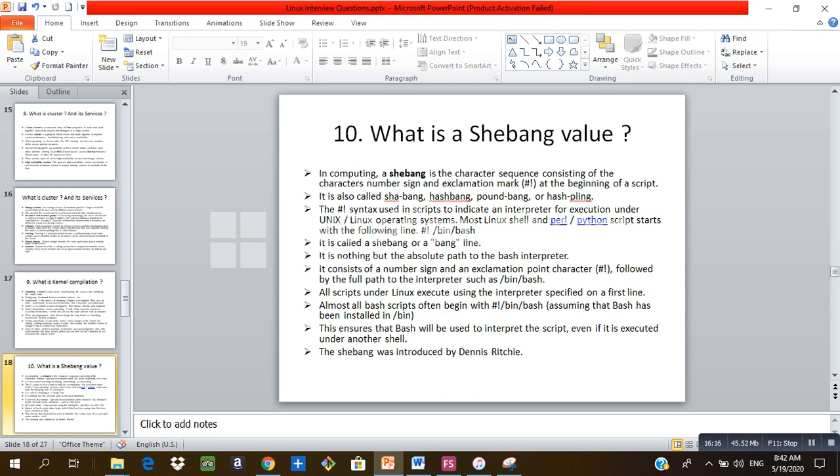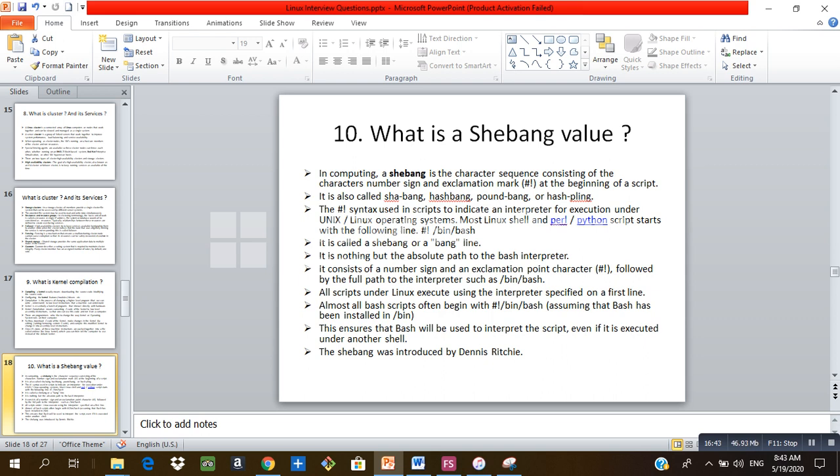It is nothing but the absolute path to the interpreter, and it consists of a number sign and an exclamation point character followed by the full path of the interpreter. The interpreter can be anything; in Linux we are using bash, which is stored in the bin directory. All scripts under Linux execute using the interpreter specified on the first line.